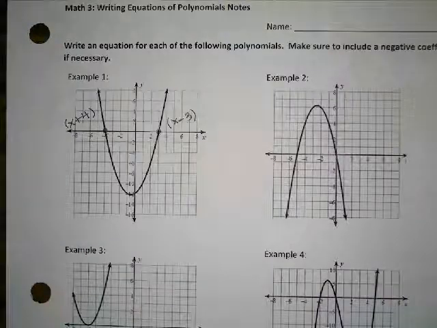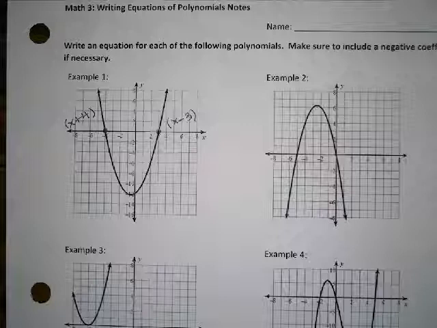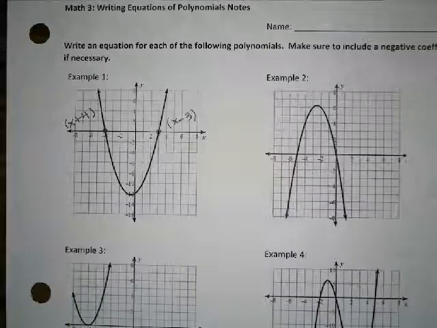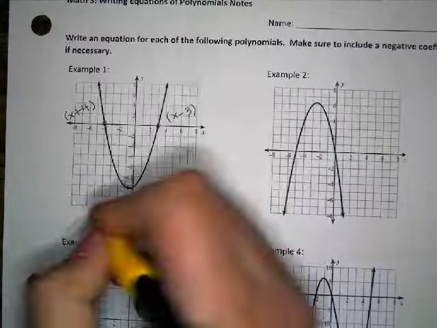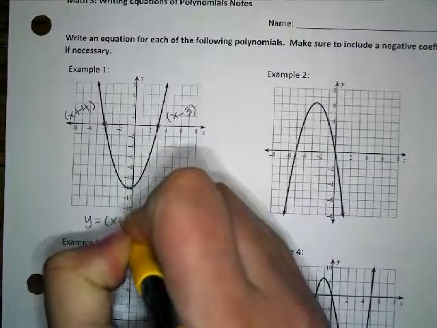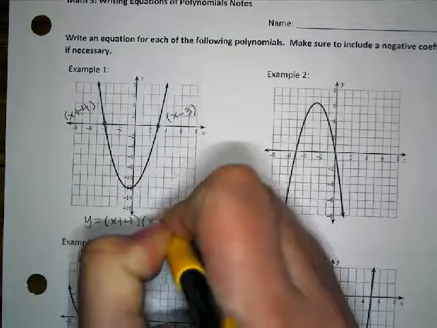And we have that overall parabola shape. Okay? Everyone feel good about that equation we just got? Does that make sense? So we're going to write y equals x plus 4, x minus 3.